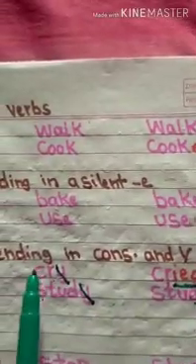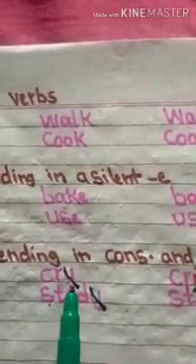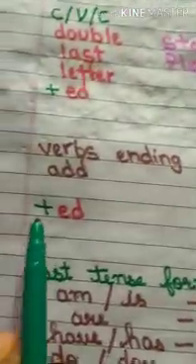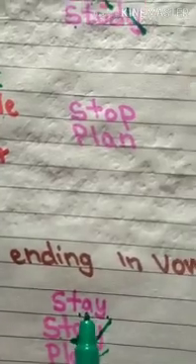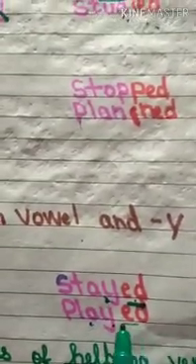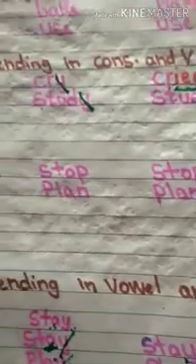Okay, so you have to see very carefully. And if the verb ends in a vowel and y, if before y there is a vowel, in that case we will simply add ed.